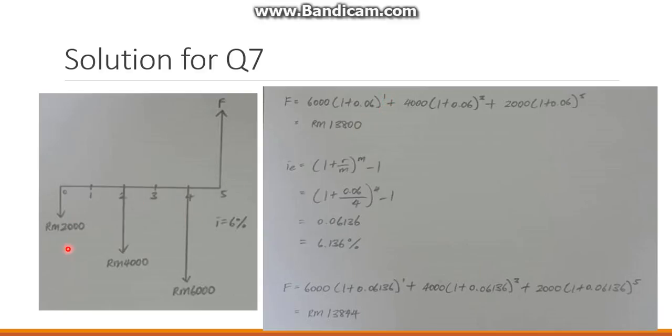There are 3 values here, so we add the 3 values up using the same formula, only with different P values and different n values, and we get the total amount of 13,800 ringgit, which means that after 5 years, Mr. Adam will get 13,800 ringgit.